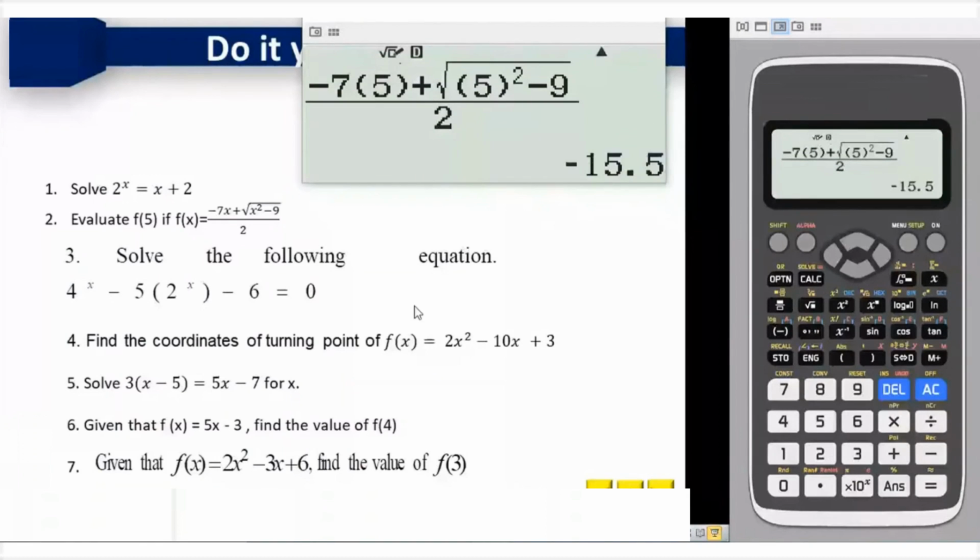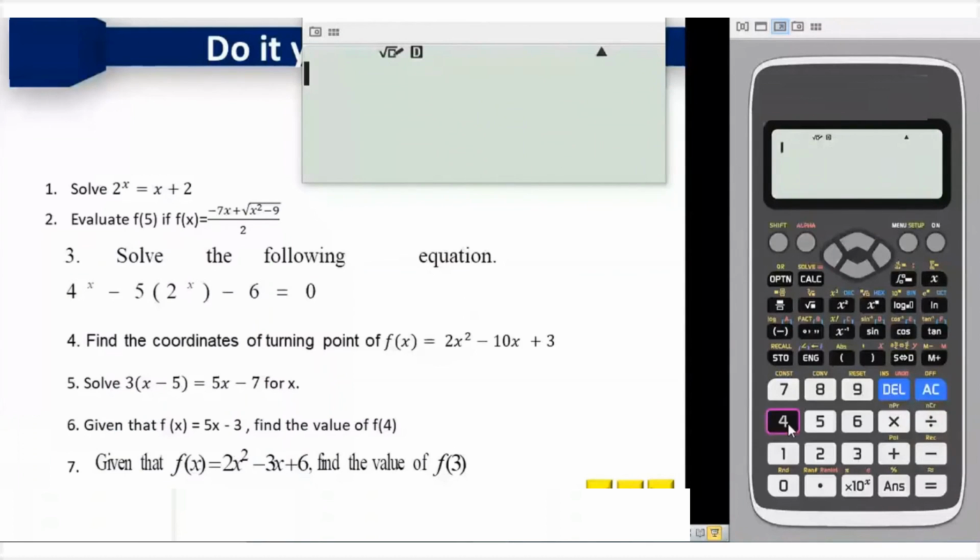The third question is to solve the equation. So to solve the equation, I will write the whole equation: 4 power x minus 5 bracket open 2 power x, close the bracket, minus 6 alpha, calculate 0.